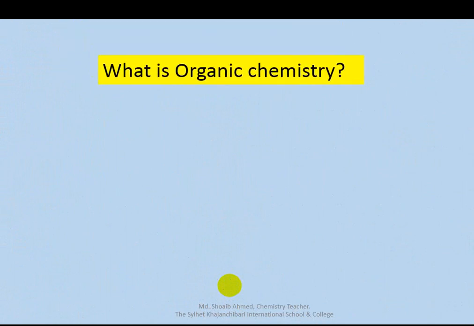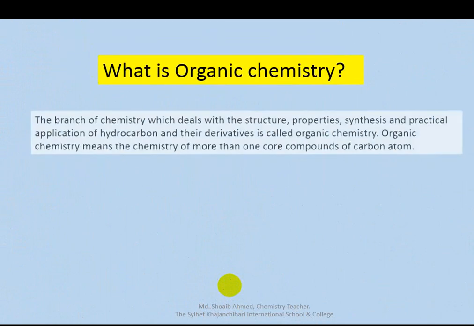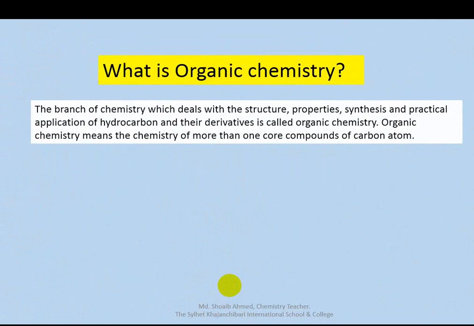What is organic chemistry? Organic chemistry is a branch of chemistry which deals with the structure, properties, synthesis, and practical application of hydrocarbons and their derivatives. Organic compounds must contain carbon atoms. Synthesis means preparation of a compound from its elements.